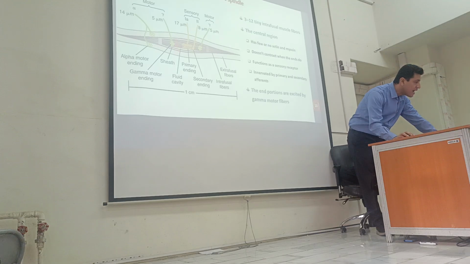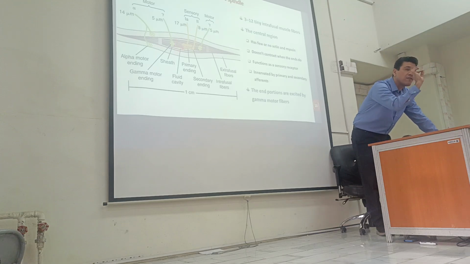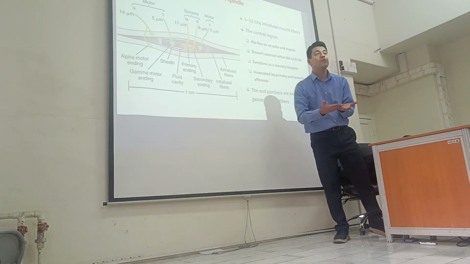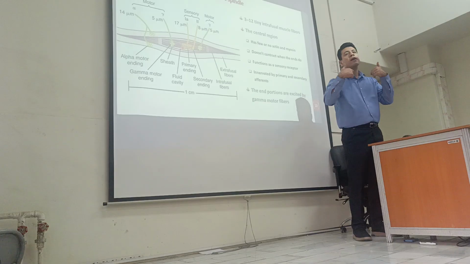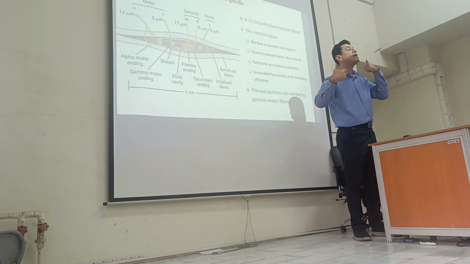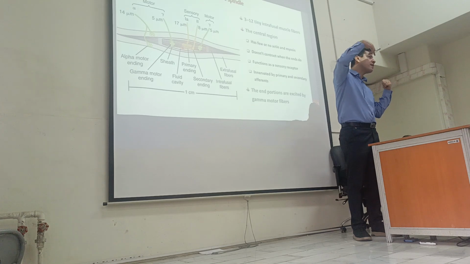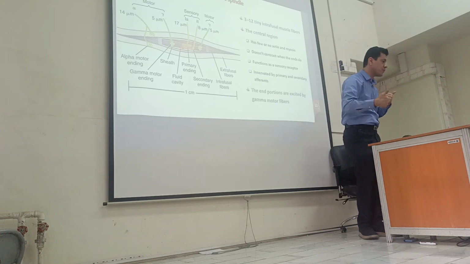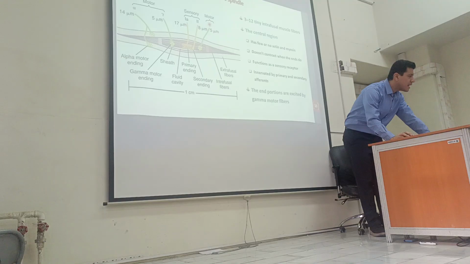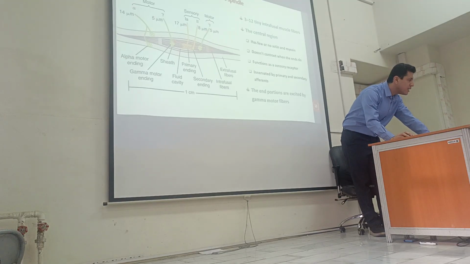Inside the sheath we have several smaller fibers, right? So they are intrafusal fibers. Remember, extrafusal fibers were innervated by alpha neurons. Intrafusal fibers are innervated by gamma neurons. So gamma neuron innervates intrafusal fiber, but alpha neuron innervates extrafusal.